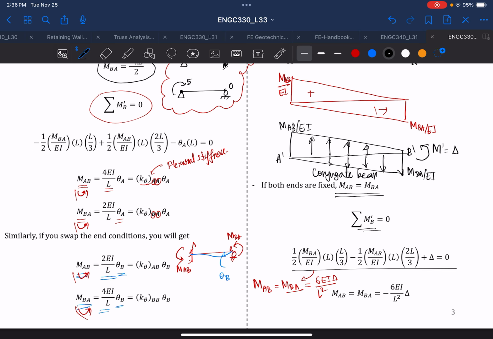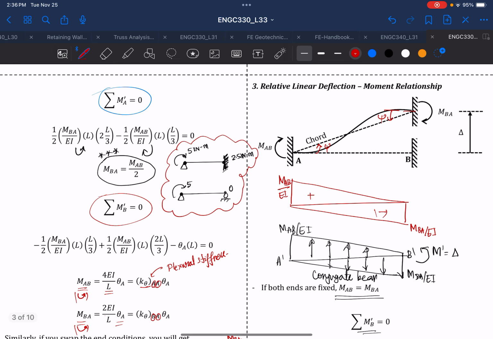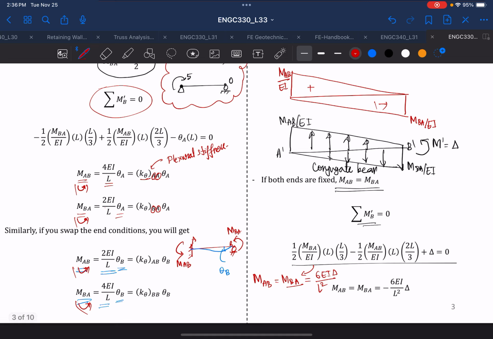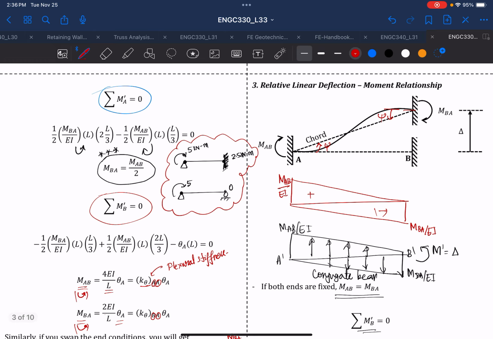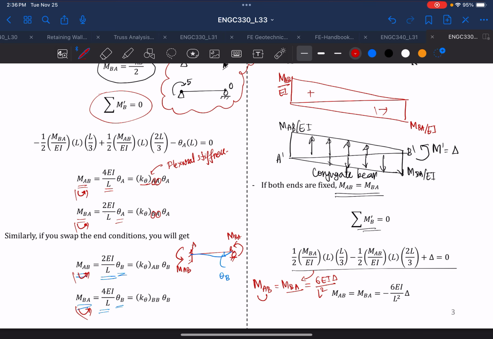Why is it positive? If you look at the direction of the bending moment generated due to the settlement, it is clockwise. Okay, but we want to be consistent with the formulation. We want to make sure that all our moment relationships with the slope deflection must be consistent in the sign convention.